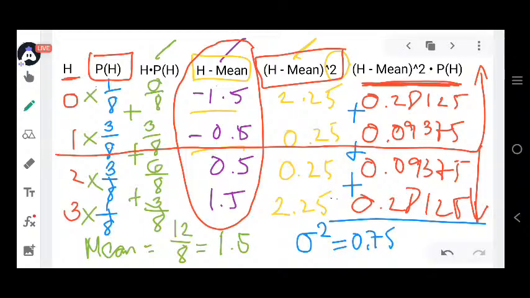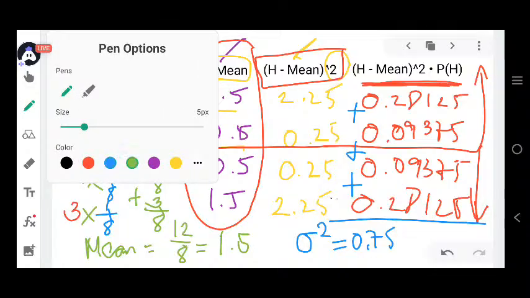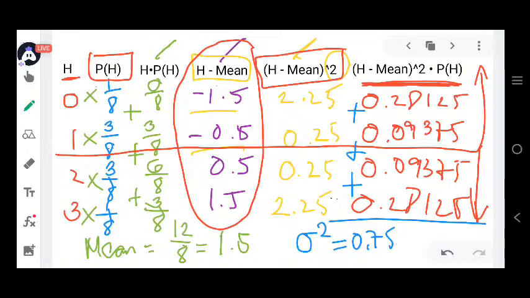And after computing the variance, we may also compute for the standard deviation. The standard deviation is denoted as that symbol without the 2. So we are going to get the square root of 0.75.